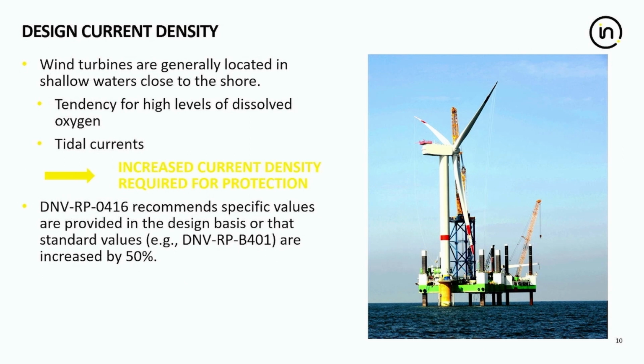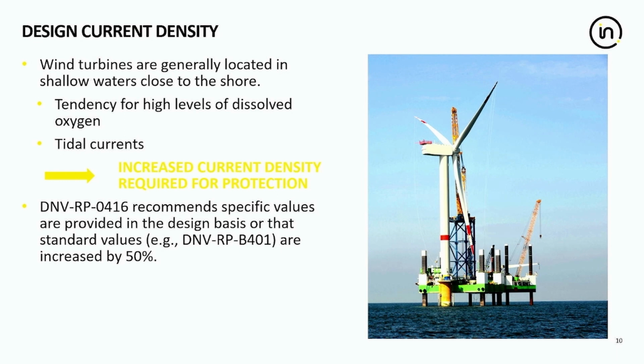Just looking at the issue with design current density, wind turbines are typically located in shallow waters quite close to the shore. There's a tendency there for higher levels of oxygen in the more aerated water, and also increased flow and tidal conditions.